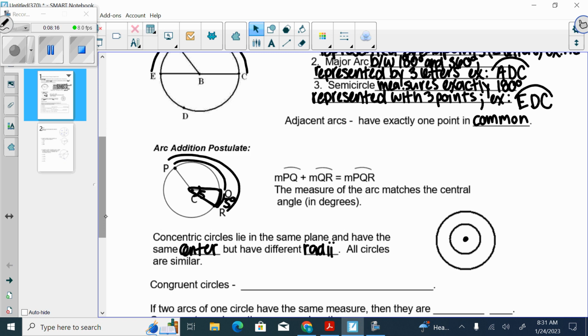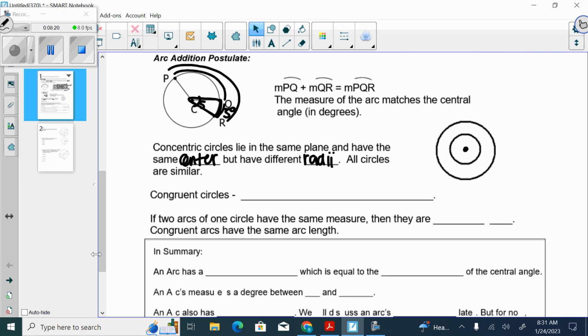All right? In addition to that, we also could have congruent circles, but congruent circles would mean they're exactly the same, right? Not similar, but exactly the same. So these would be circles that have the same radius.